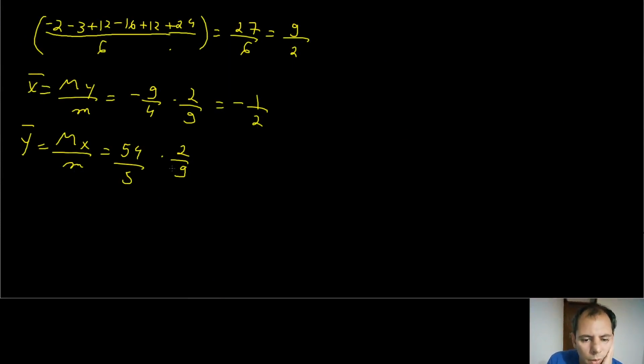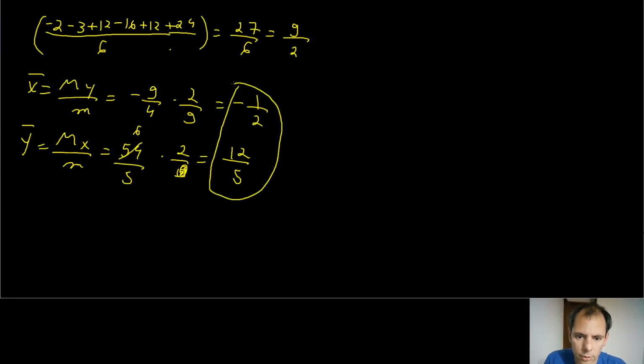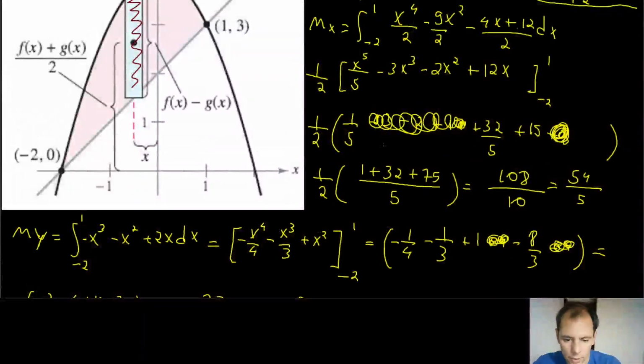Right, now this is going to be 6/5, 12/5. That's it. These are the coordinates of the centroid. Complicated stuff. Too much arithmetic. All right, guys, that's it.